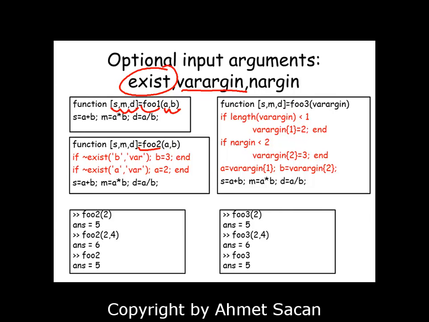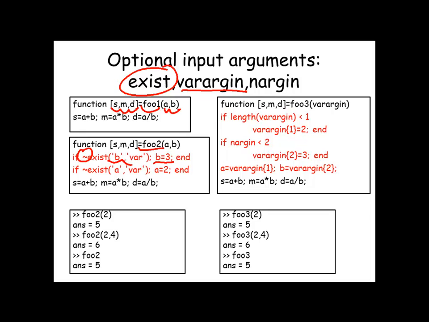In foo2, if the variable b does not exist, it's initialized to 3, and if the variable a does not exist, it is set to 2. In this manner, we are providing default values for the input variables a and b. Whenever they are provided, the provided values will be used, and whenever they are not provided, these default values will be used.